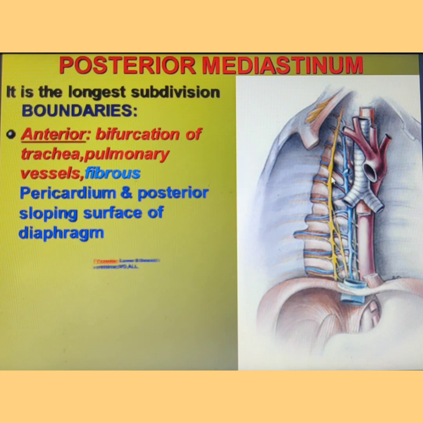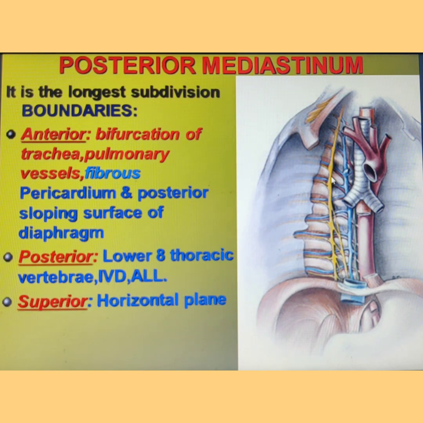Now coming to the posterior mediastinum. It is the longest of the subdivisions of the mediastinum. Anteriorly, it is bounded by the bifurcation of the trachea, as you can see in this diagram, and pulmonary vessels, the fibrous pericardium, and the posterior sloping surface of the diaphragm.